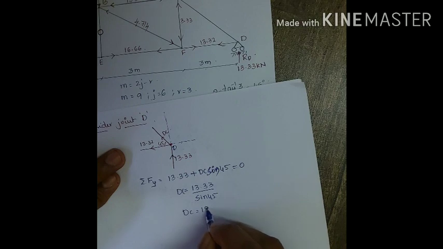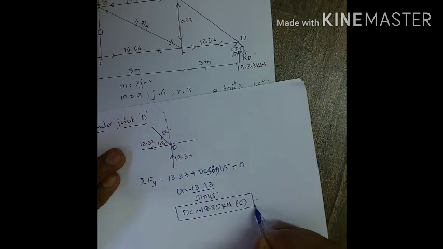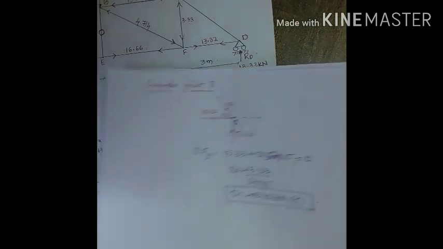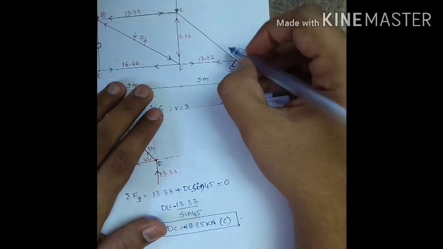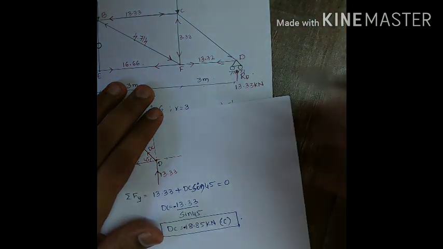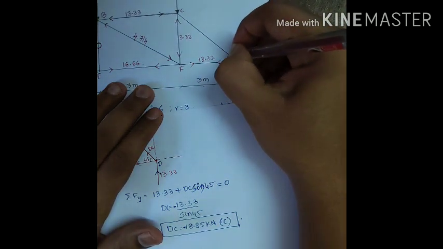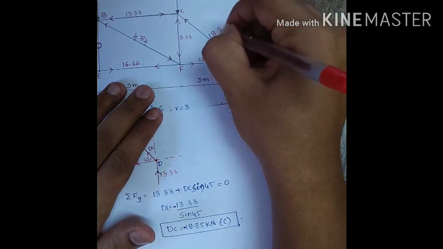DC is equal to 14.85 kilonewton. But here we will be getting the negative, hence this is under compression. So here you can write, for this it's a compression, this is also compression, hence it is 14.85.